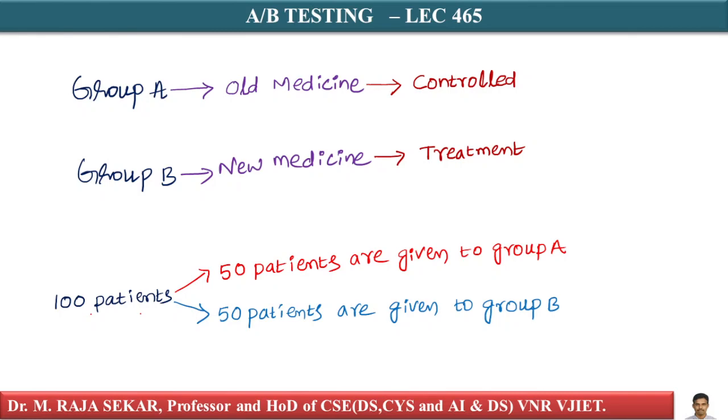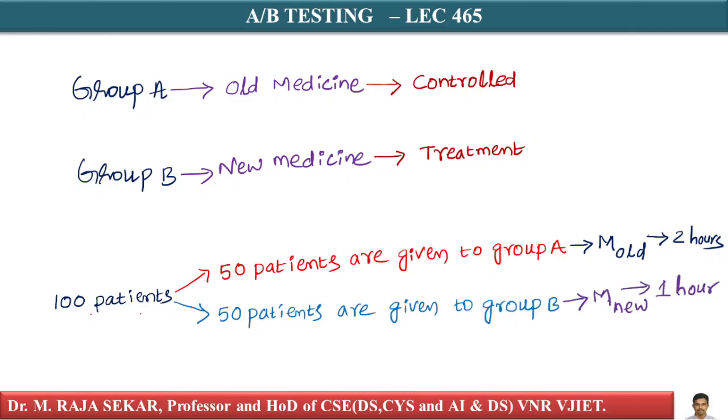The 50 patients who took the old medicine, let's assume they recovered in 2 hours. And the 50 patients who took the new medicine, where I randomly split these 100 patients into two groups, let's assume they recovered in 1 hour.